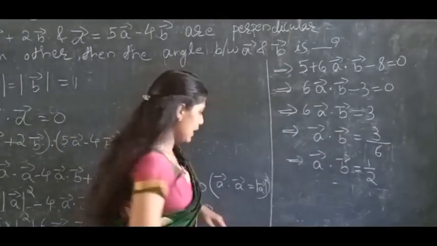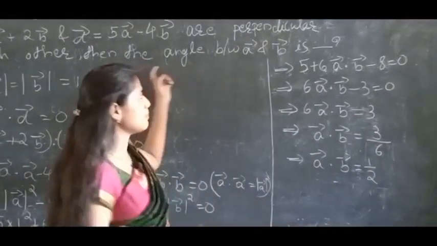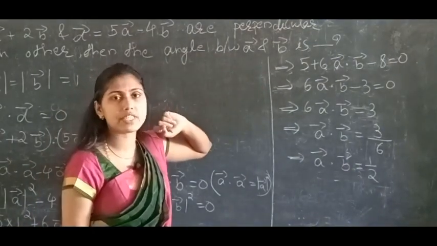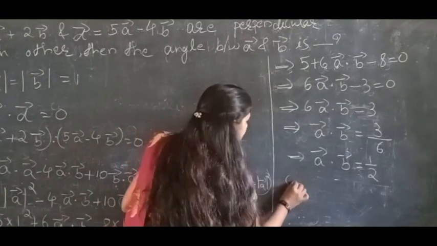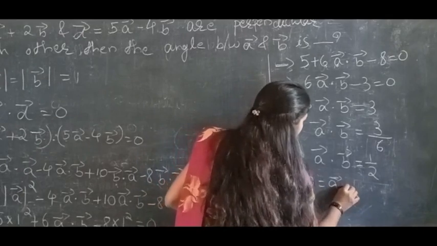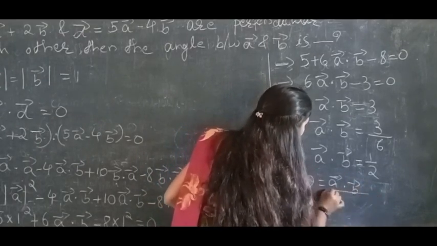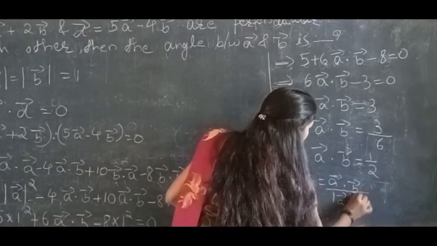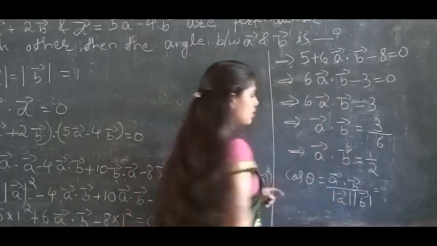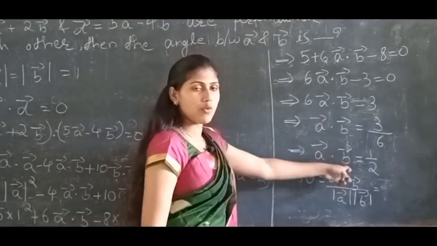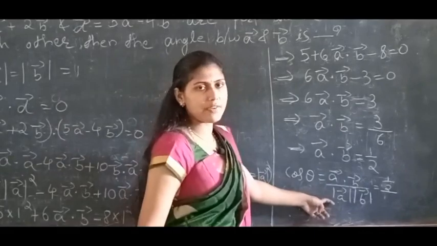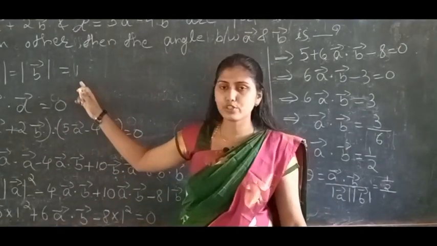Then we know that we have to find the angle between vector A and vector B. The equation to find the angle between vector A and vector B is cos theta is equal to vector A dot vector B divided by mod vector A mod vector B, which is equal to 1 by 2 divided by 1 into 1, since mod vector A and mod vector B are equal to 1.